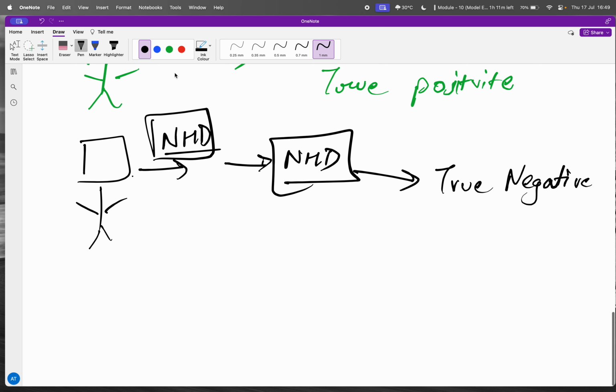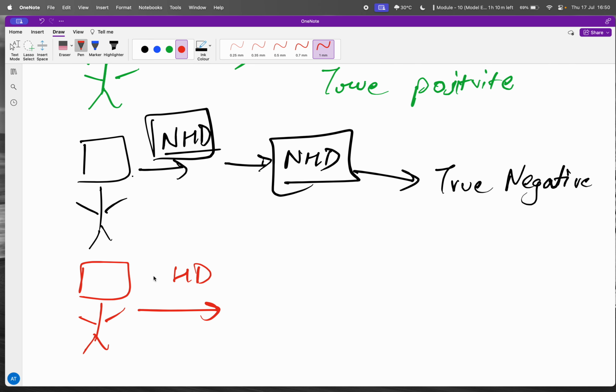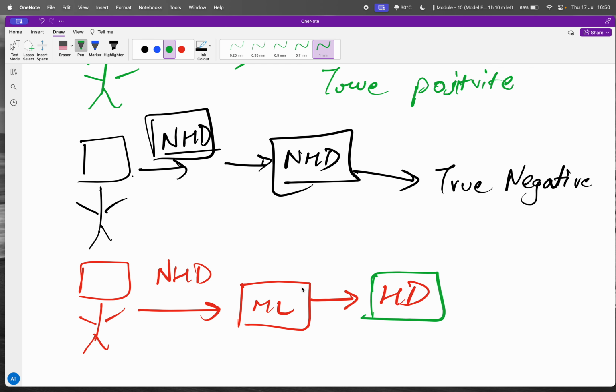And then another comes, let's say the third case. There was a patient who was not having any heart disease, but our machine learning model told that the person is having heart disease. That means it said true, heart disease.